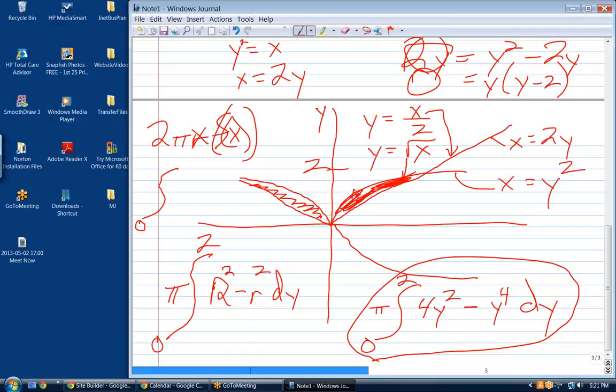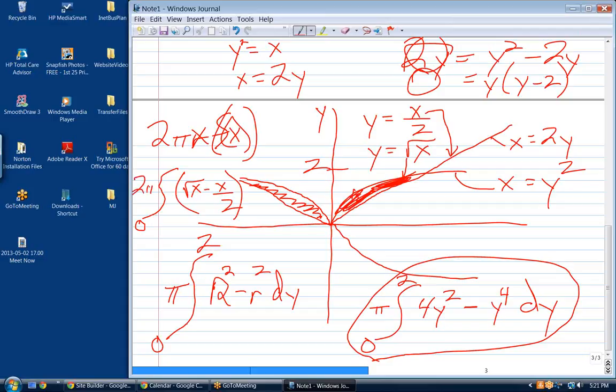So the height of each cylindrical shell is not f of x, but the top function minus the bottom function, which in this case is square root of x minus x over 2.